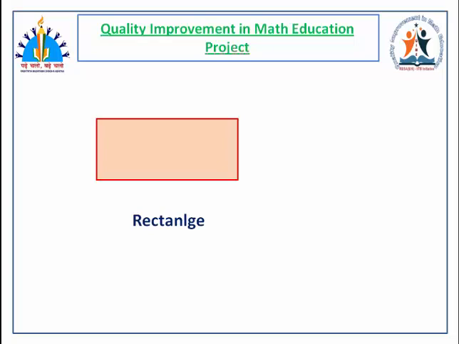All of us know how to calculate the area of a rectangle. Yes, area of a rectangle is length into breadth. Also, we know the perimeter of a rectangle is equal to 2 into (length plus breadth).